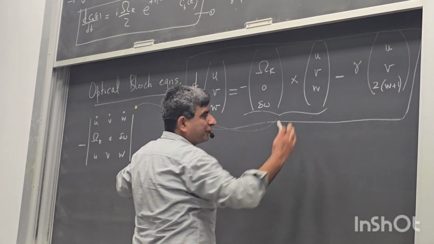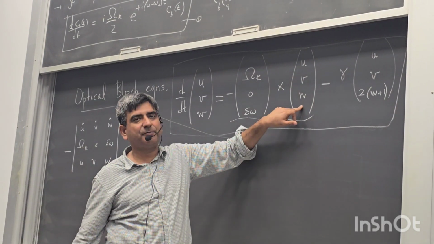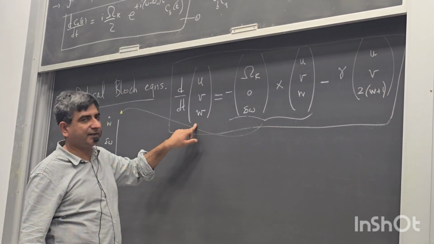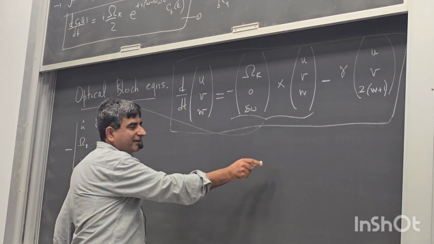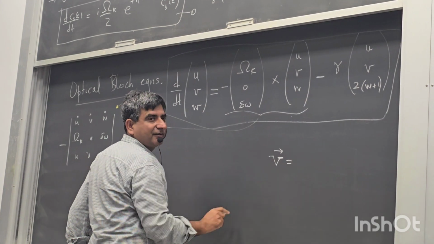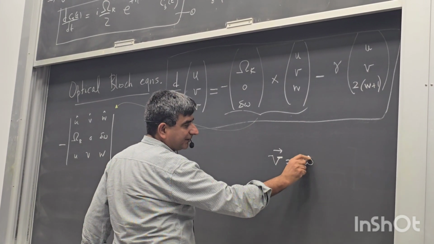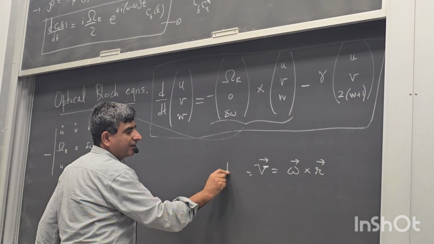This part, an equation of motion. Suppose this is a position vector, what's this? A velocity vector. Don't confuse the notation now. For rotational motion, we know that this is angular velocity crossed with the position vector, right? This is dr by dt.